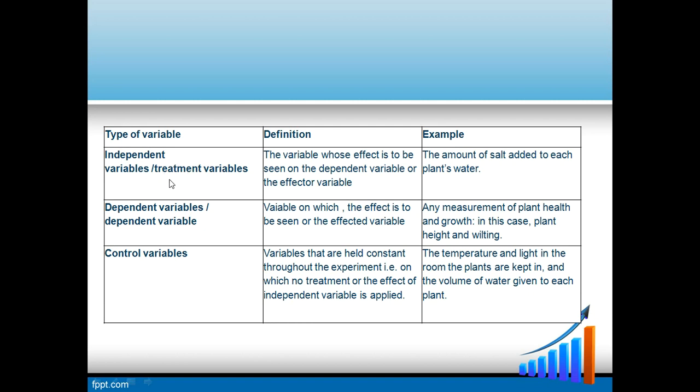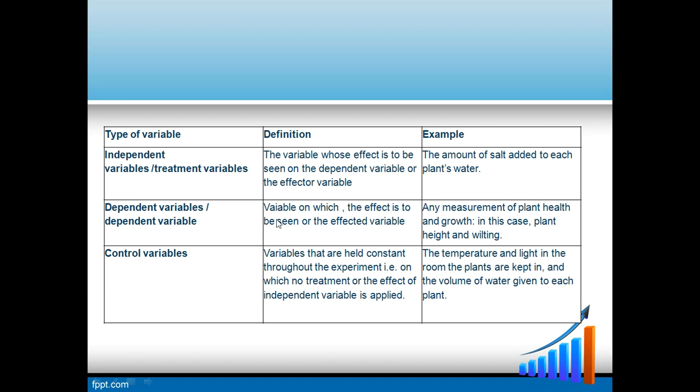Please don't confuse this term treatment with the treatment used in any disease of an animal. In case of experimental designs, or in what we are studying right now, the types of variables based on the type of experiment, the treatment variable is the variable whose effect is to be seen. It is also called the independent variable or the effector variable. For example, the amount of salt added to each plant's water is the independent or treatment variable.